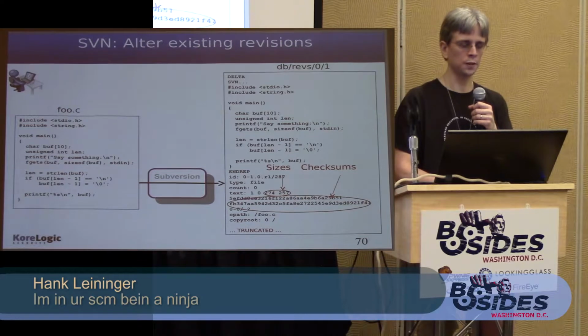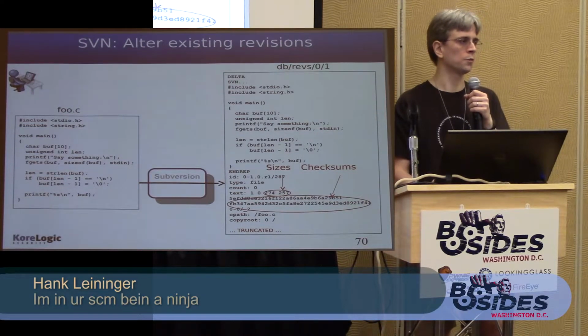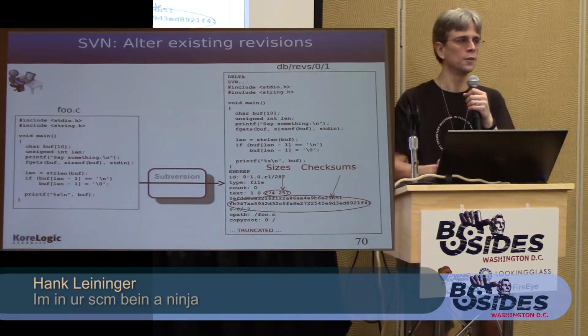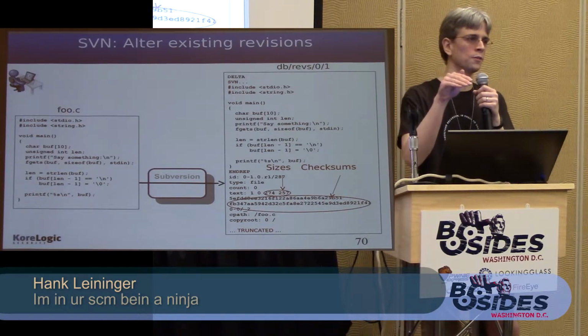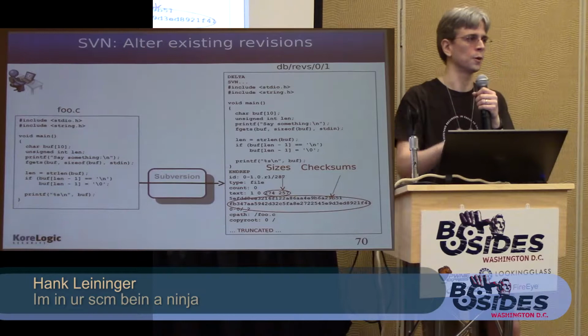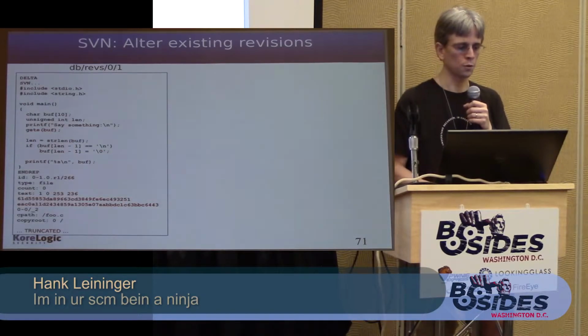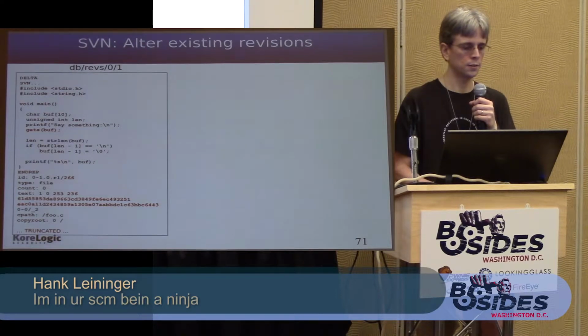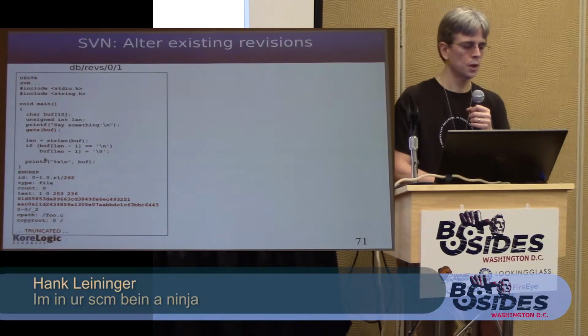This is about as effective at preventing tampering as publishing MD5 sums or SHA-1 sums of files on a website that are up for download. If somebody can replace the file on the website, they can replace the checksum on the website. So the attacker takes that and modifies the payload to have gets instead of fgets, and changes the metadata to show the corrected sizes and the new checksums.